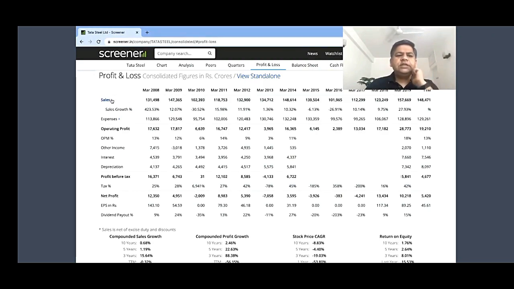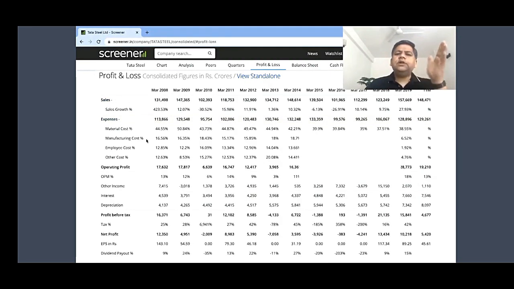They will show you sales, then all the expenses I explained to you, like OPEX 1, OPEX 2, OPEX 3. They have clubbed them all together. What I told you as EBITDA is what they show here as operating profit.